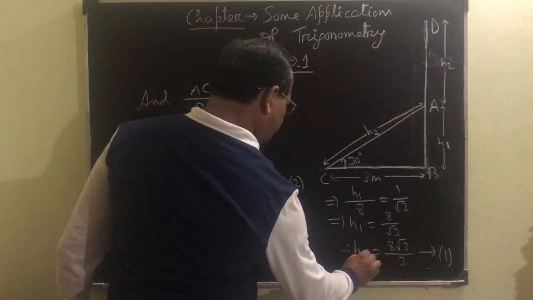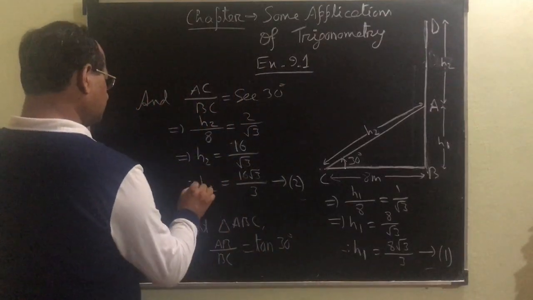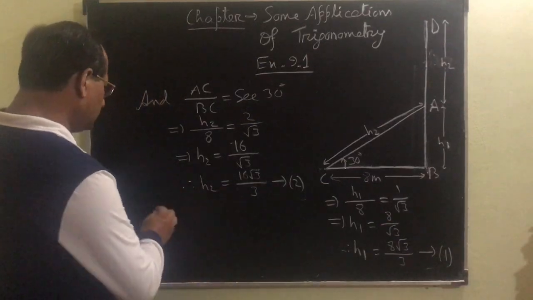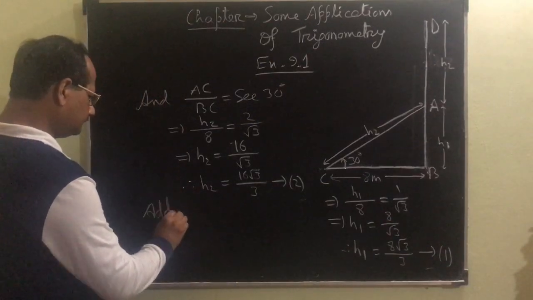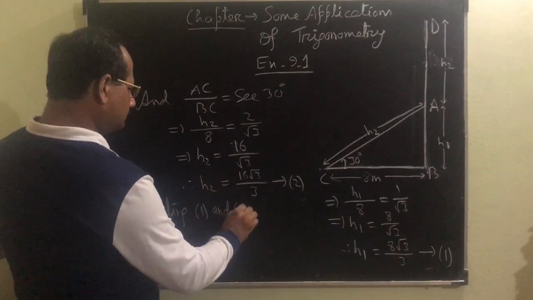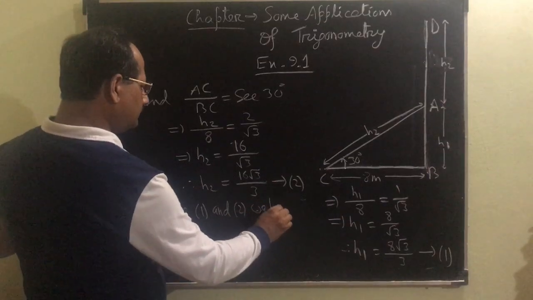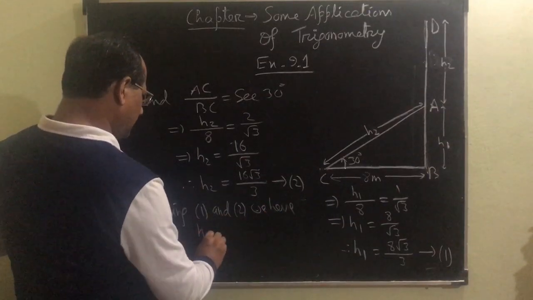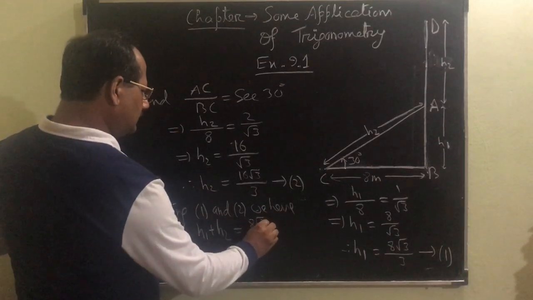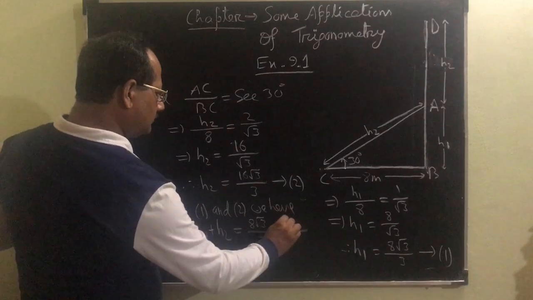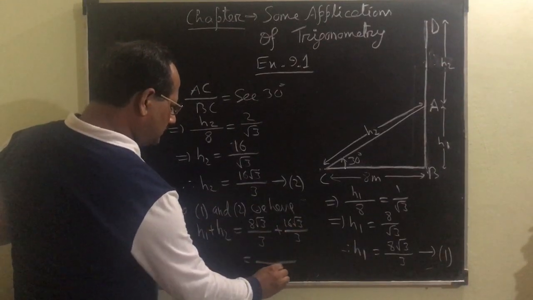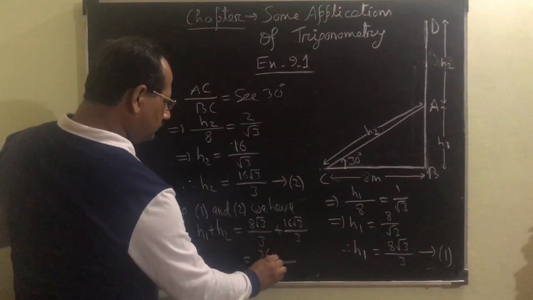Let's see H1, H2. Adding 1 and 2, we have H1 plus H2 equal to 8 root 3 by 3 plus 16 root 3 by 3, that is equal to 24 root 3 by 3.